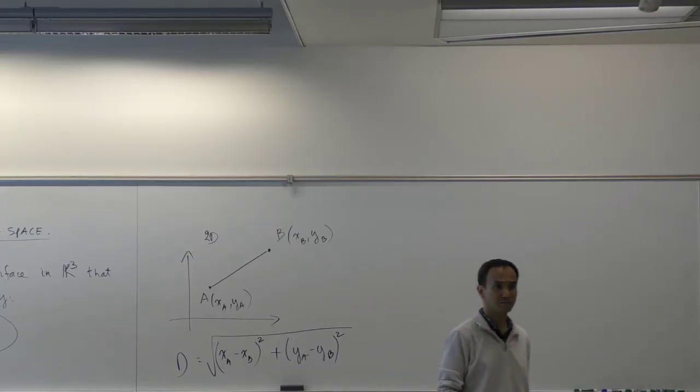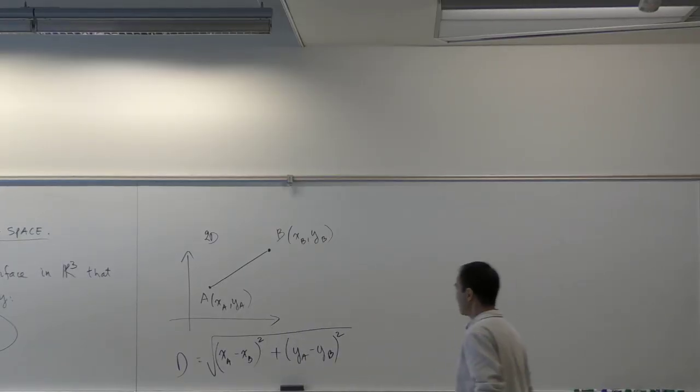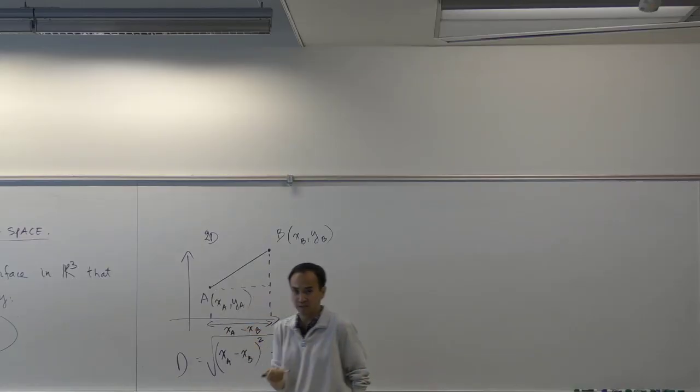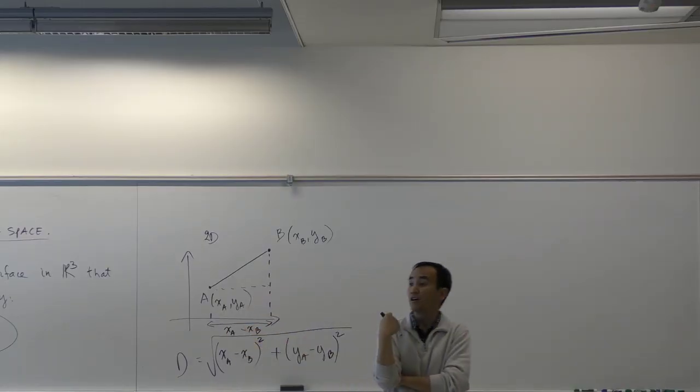Remember that formula? It came out of the Pythagorean theorem. From A to B, we have a change in X coordinates. This distance right here is your XA minus XB, or XB minus XA, because when we square that, it's going to be all positive anyway.